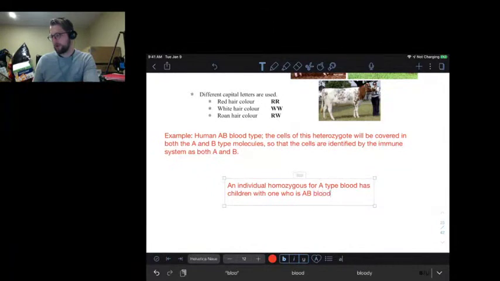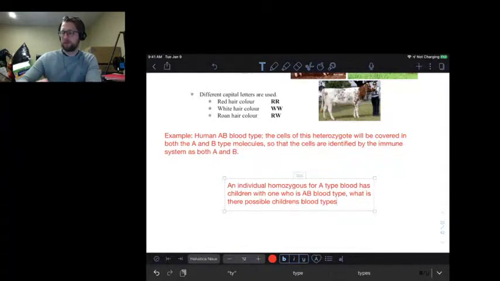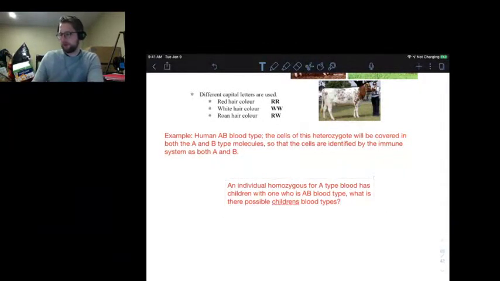What are their possible children's blood types? So very simple. I just realized I created the exact same problem I did above. We'll go through the actual notation tomorrow, but we are going to take our 2 A's, they're homozygous.